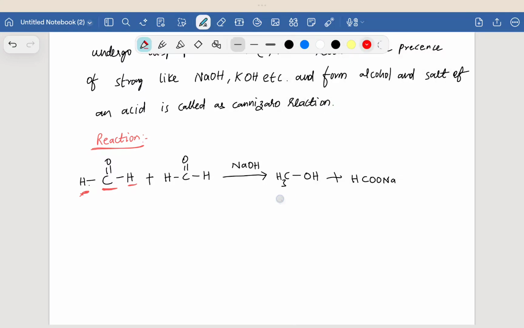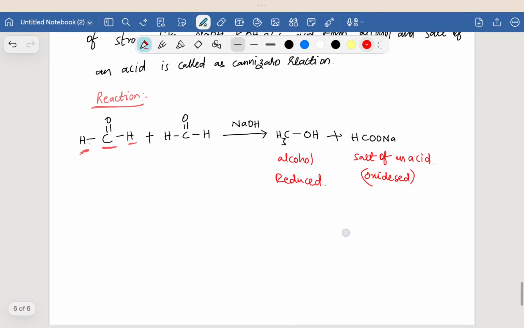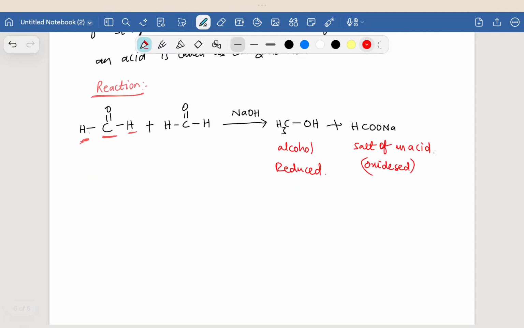This is an alcohol: one aldehyde changed into an alcohol, and this is the salt of an acid. It means this one is reduced and this one is oxidized. The aldehyde is oxidized, and this one is reduced. Correct?